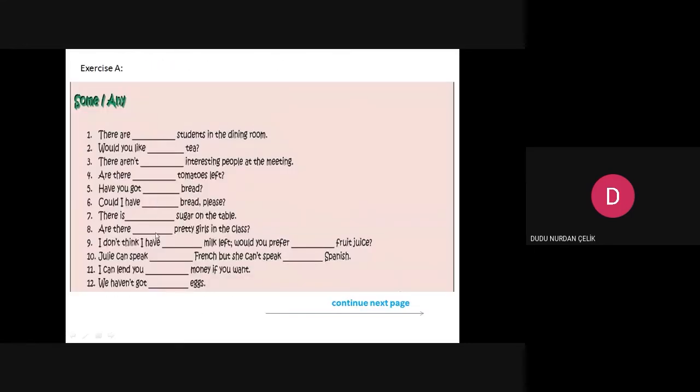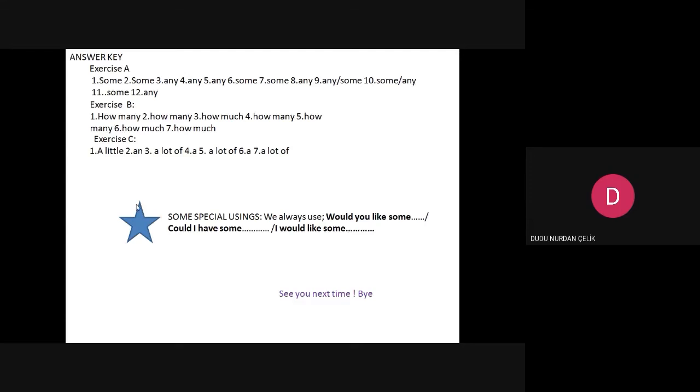I want you to look at this page again. We have got a special using. I'm going to the last page first. Okay, here. There's an explanation here. I've got a blue star. Some special usings. We always use some quantifier with would you like, Would you like some?